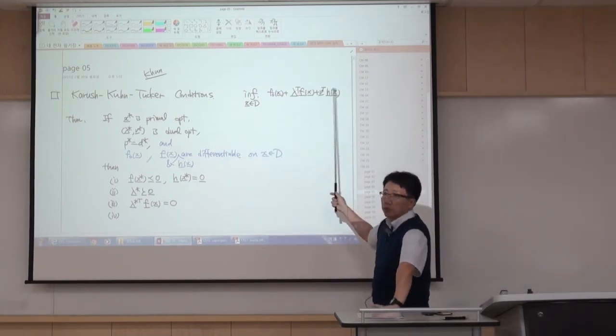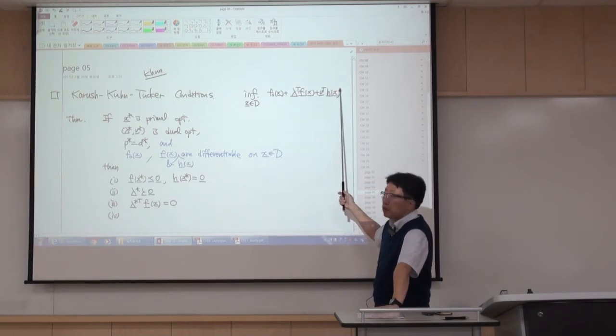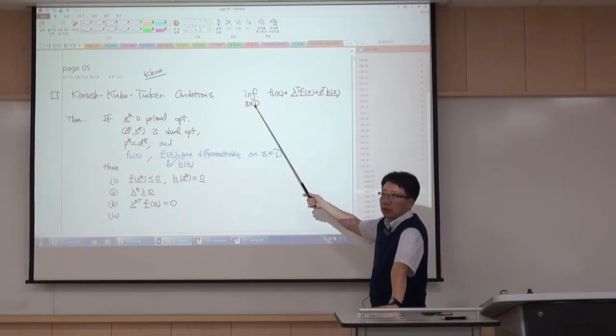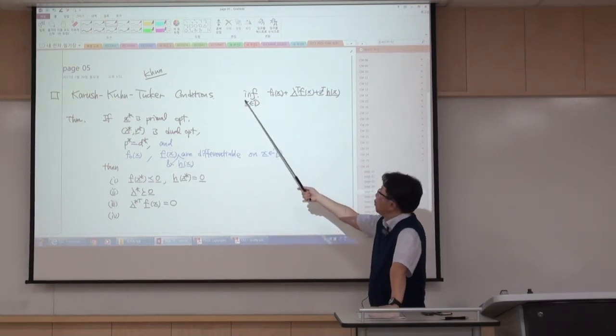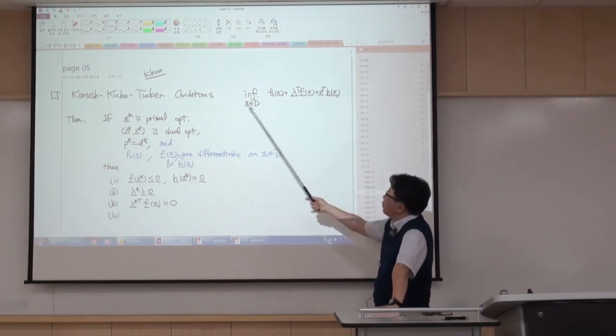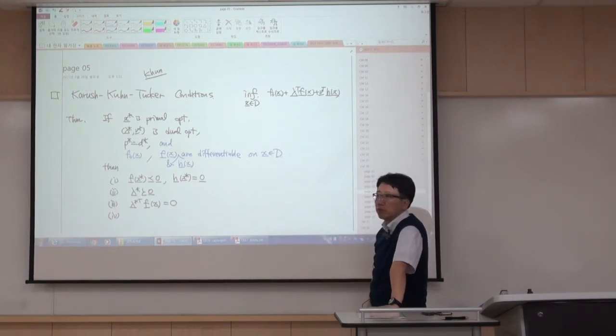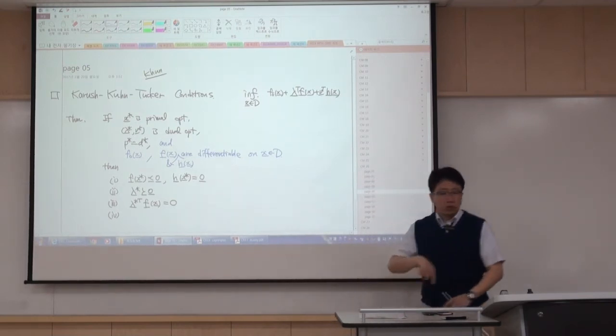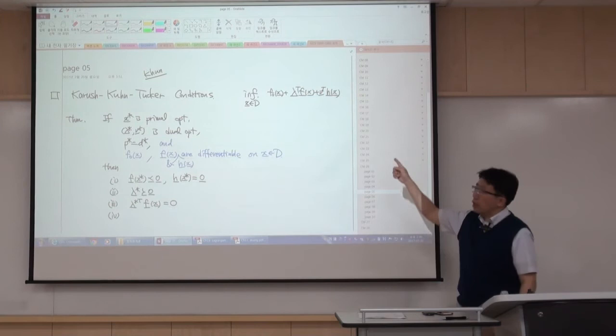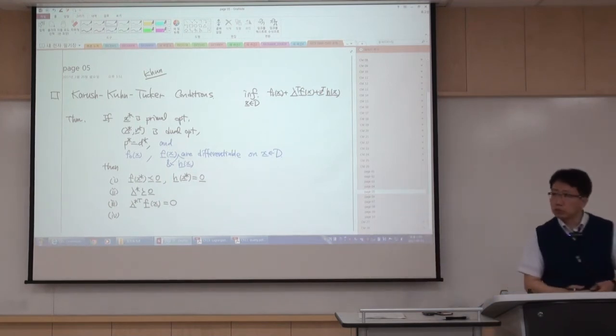So they are differentiable on D. Now, how can you find an optimal solution of this one when you have differentiability? First order necessary condition you use, right? So we differentiate this L with respect to x.